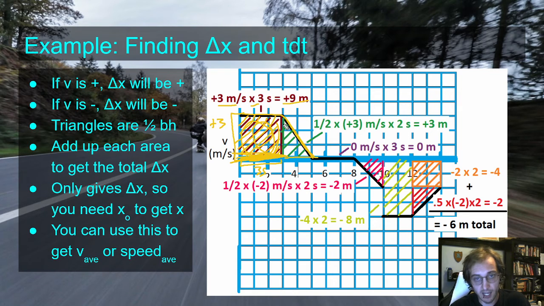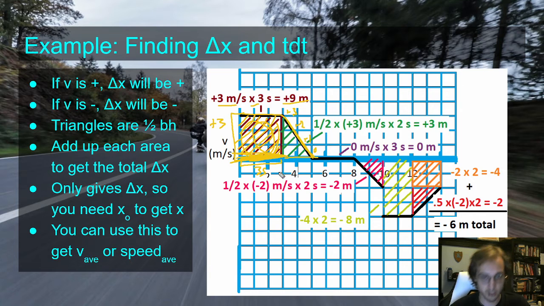Because this is above the line, our velocity here is plus 3, our velocity here is plus 2, our velocity here is plus 1, and our velocity here is 0. The entire time our velocity has been positive, which means the entire time the object is moving forward. So when we go to find our displacement, this one will also be positive.